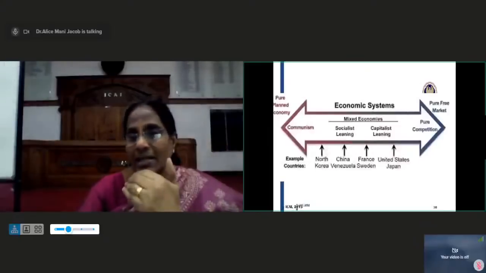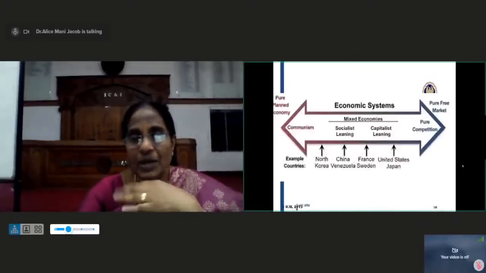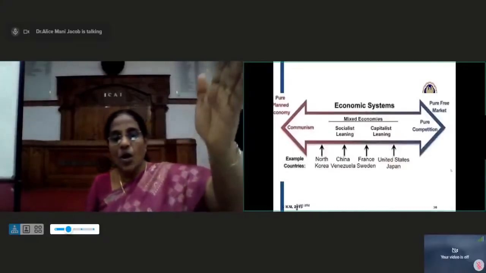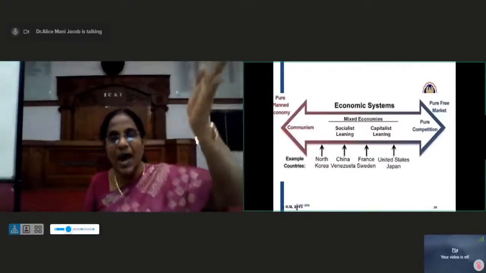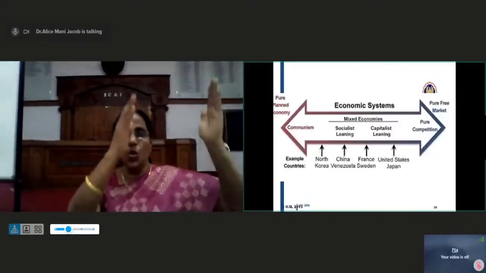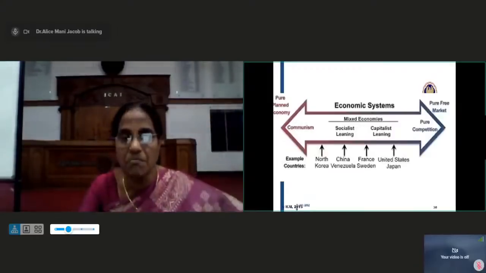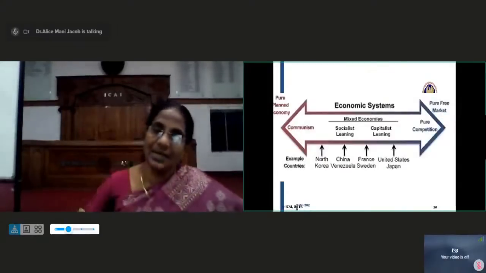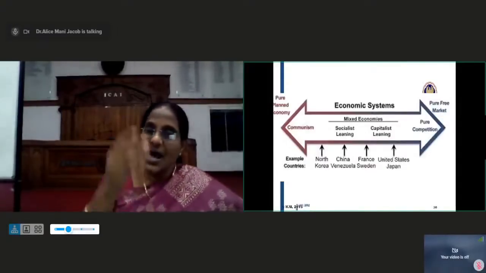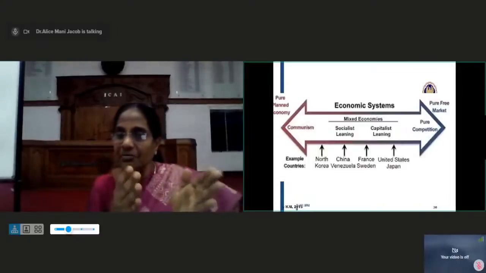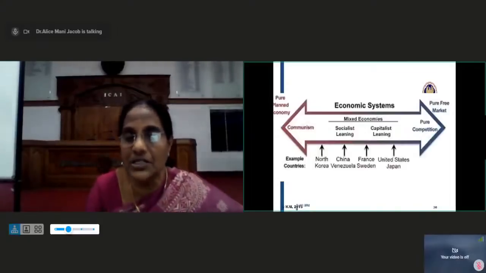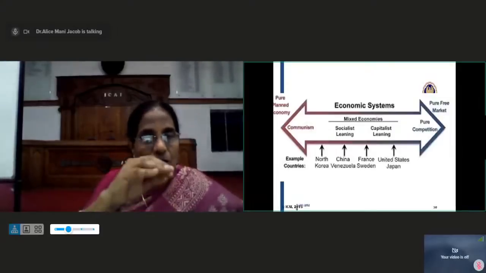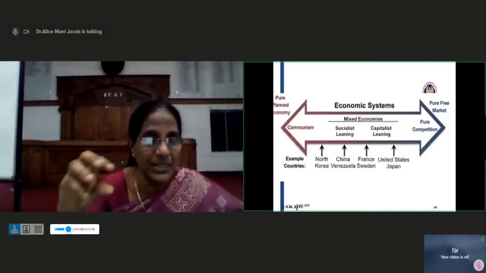Okay. So that takes us to economic system. This is economic system. I have drawn a chart. On the extreme side is planned economy. That is totally planned communistic economy. There is nothing like that now. Okay. And so we have different grades of communism, like North Korea, China, Venezuela, slowly they are moving to capitalist.